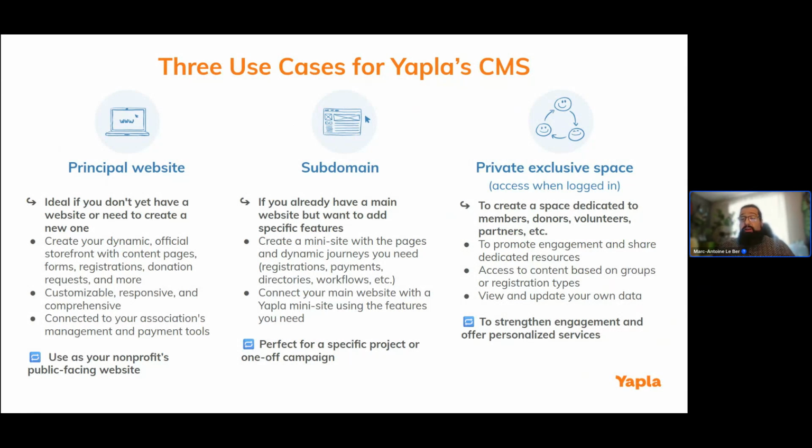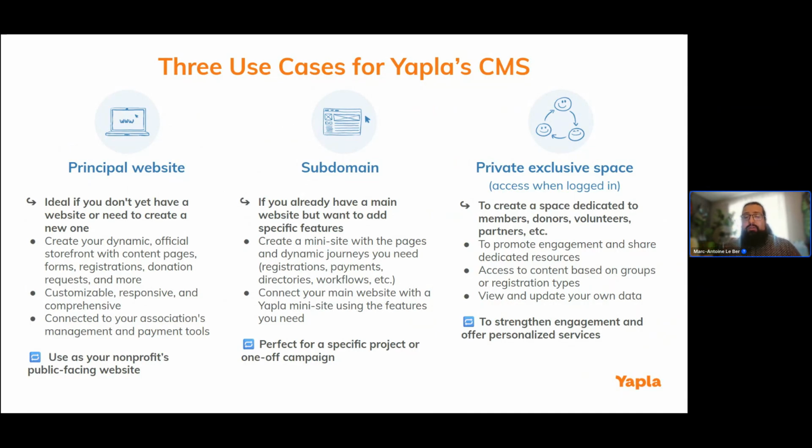Basically, a subdomain is when you have either a portal or a sub website where all of the connected content that is linked to Yapla is going to be fully automated. So you can have all of your membership registration, events registration, donation campaigns, members-only content, any other form or process that you want to use through Yapla, fully automated in the subdomain.